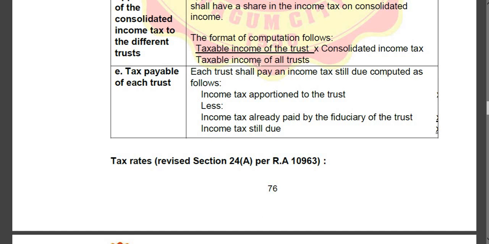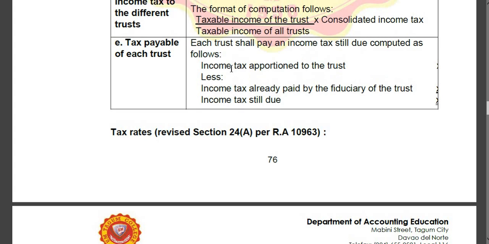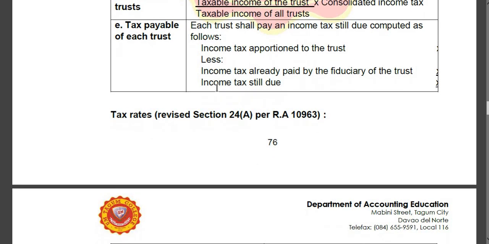So ito yon. Income tax apportioned to the trust less income tax paid by the fiduciary of the trust. So kahit na may apportioned income tax si trust, tapos may nabayaran na siya, kailangan lang niya i-deduct or i-less sa portion, i-less niya yung nabayaran na niya na income tax sa share niya sa consolidated income tax.